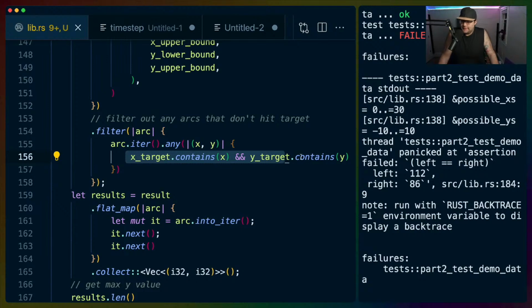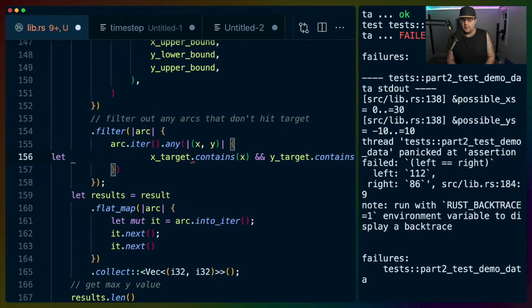Any of the points needs to fit in the target. This isn't the problem, is it?